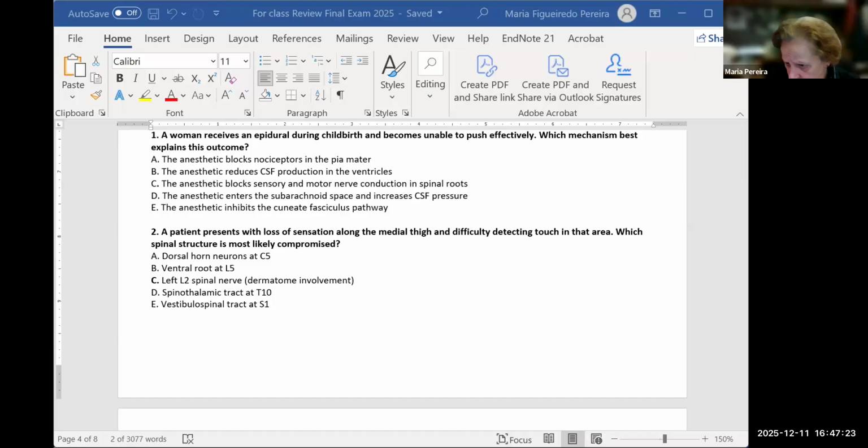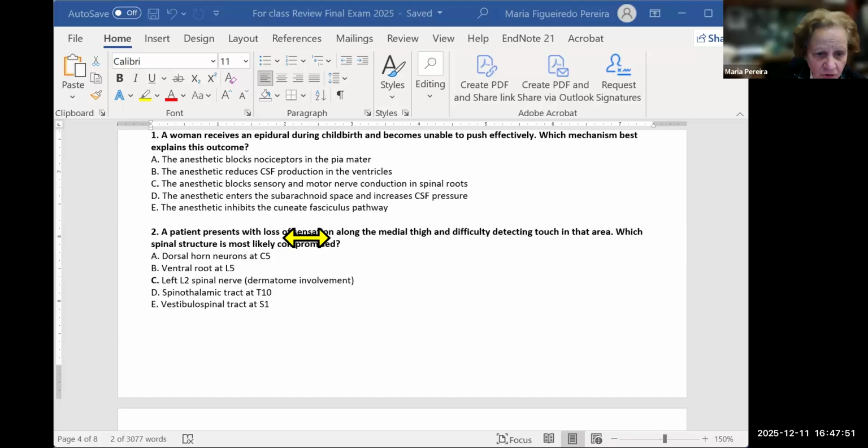Wait a minute. What is the answer for one? So the answer for one is C. The anesthetic blocked the sensory and motor nerve conduction in the spinal root. So it went too deep. The anesthesia went too deep.